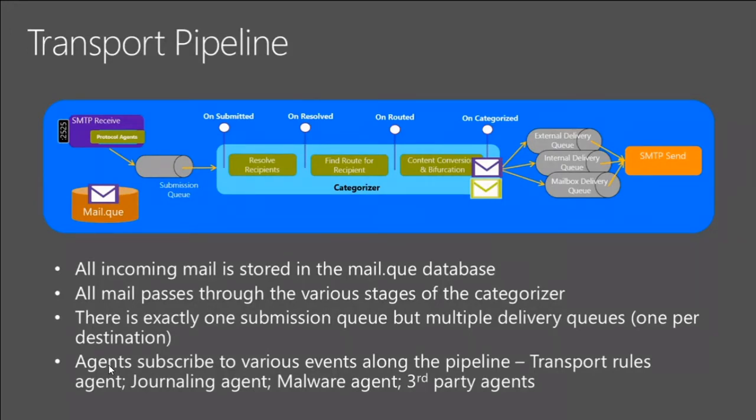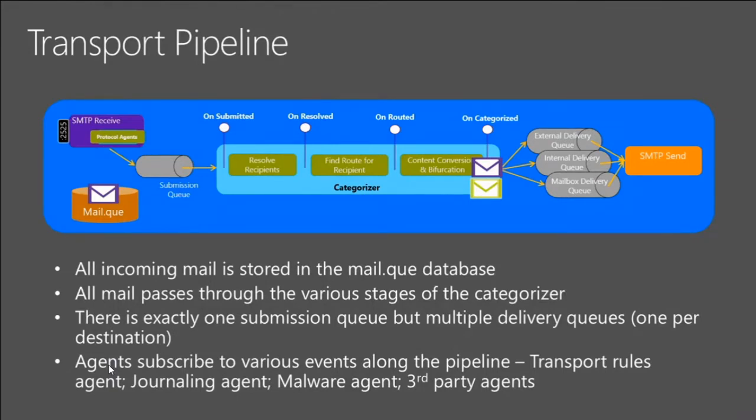Now, you have seen that during this entire process, there are like 4 lollipops that I've drawn there. Those are the extensibility points inside the transport service in the pipeline. Different agents subscribe to different points based on their needs. Sometimes some agents subscribe to multiple points. So, for instance, on the on-submitted, you have anti-malware usually is the first thing that works.